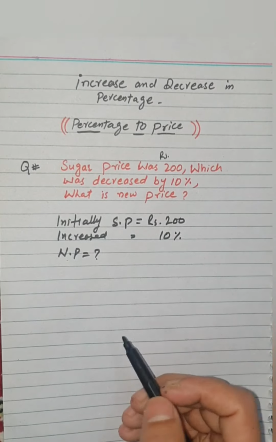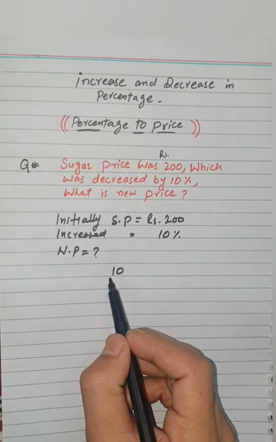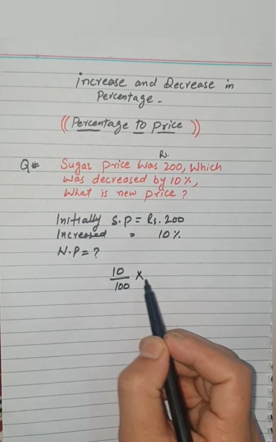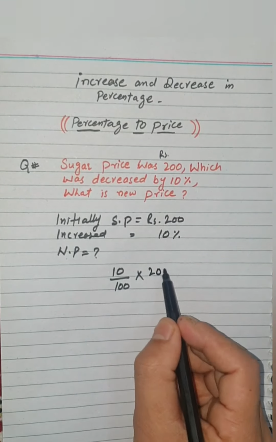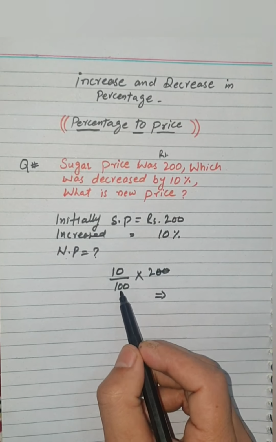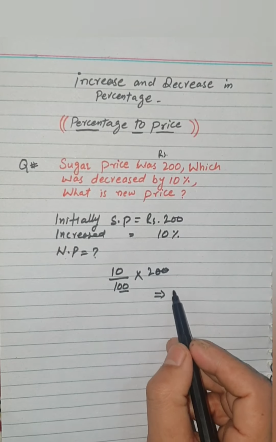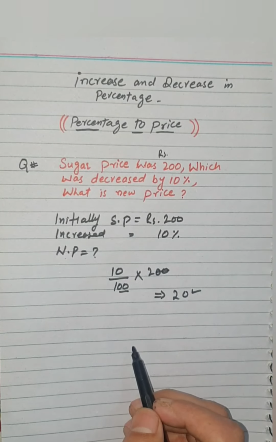We have a formula. As we know, 10% means 10 divided by 100, multiplied by the price of sugar, which was 200. By simplifying, these two zeros will be cancelled with the denominator. 2 multiplied by 10 will be 20. This is the difference in the sugar price.